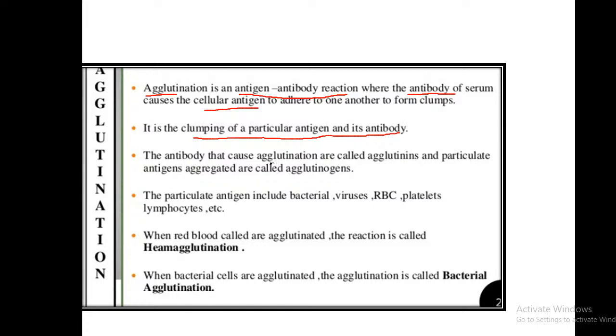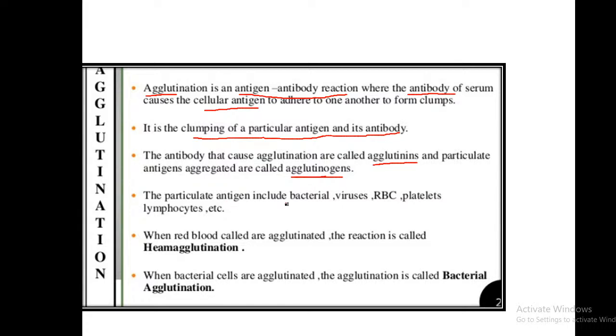And the antibody that causes this agglutination is called agglutinins. ഏത് ആന്റിബോഡി ആണോ ഇങ്ങനെ സ്റ്റിക്കി ആയിട്ട് ഇരിക്കാൻ ഹെൽപ്പ് ചെയ്യുന്നത്, that is known as agglutinins, and the antigens are called agglutinogens. So in agglutination the clumping of antigen and antibody happens, and the antibody which causes the agglutination is called agglutinins, and the antigen which is involved is called agglutinogens.